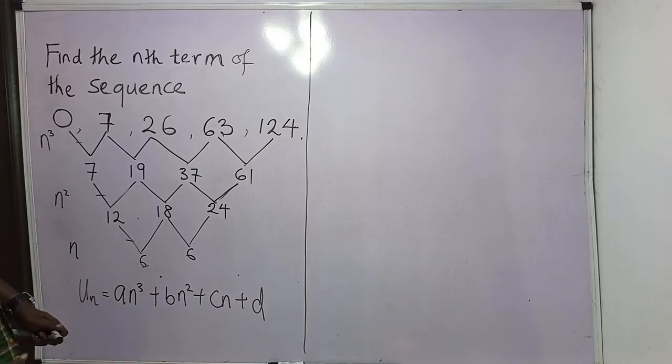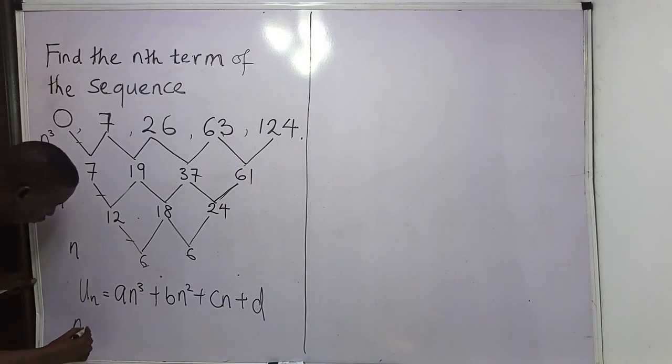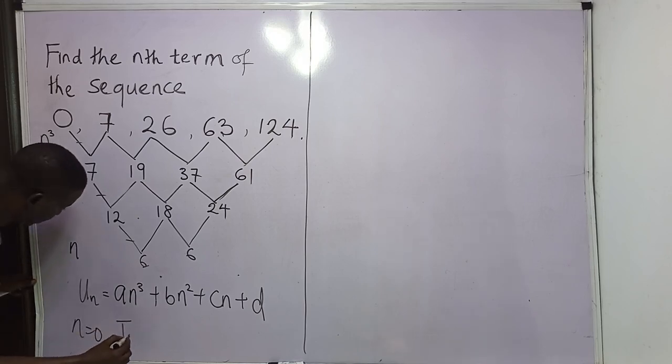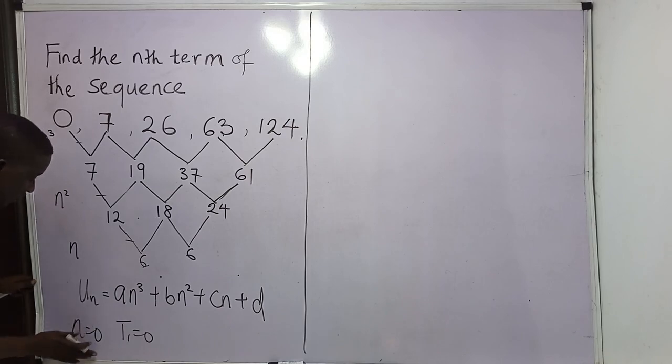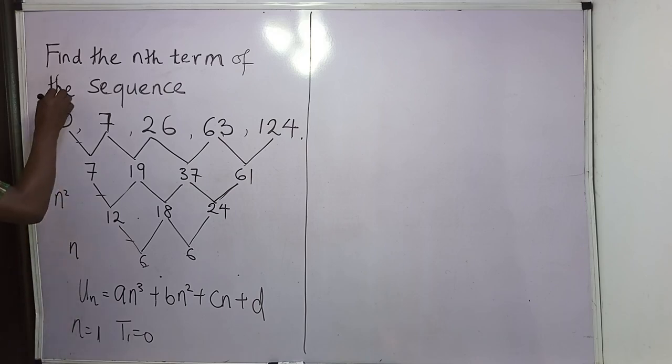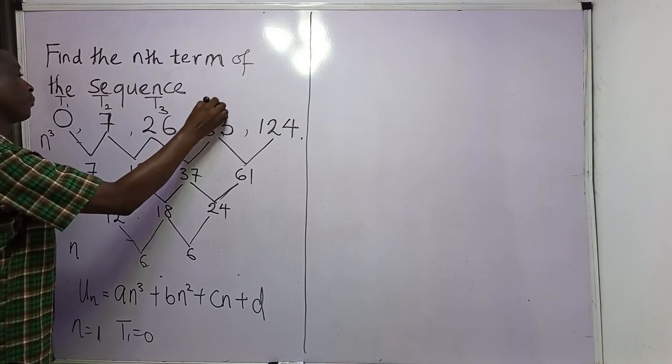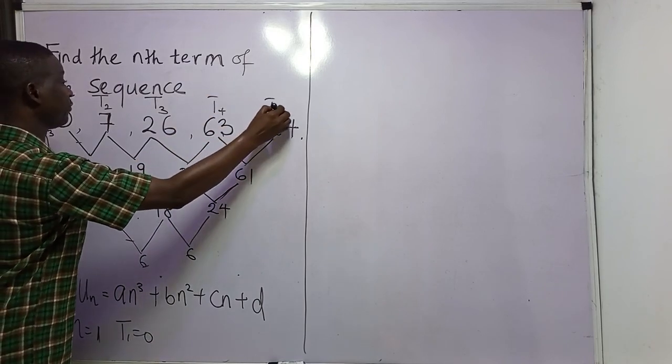Now to finalize the solution, when n equals 1, T1 equals 0. That means this is the first term, second term, third term, fourth term, and fifth term.